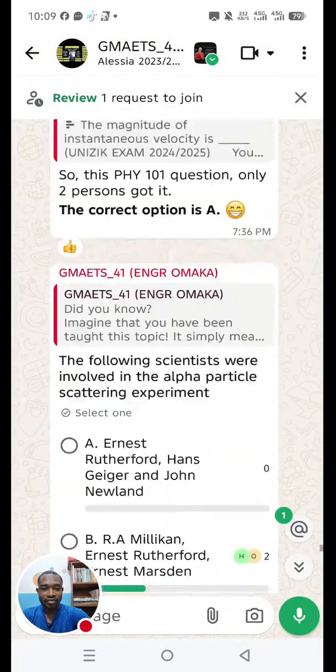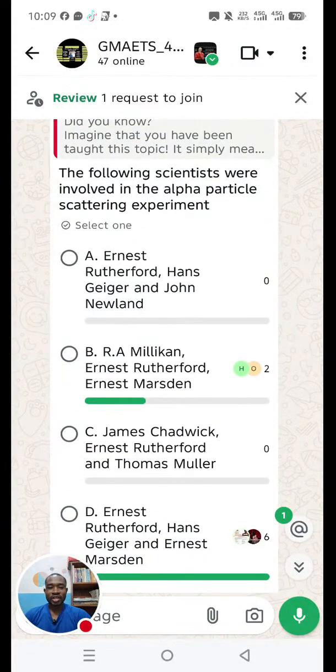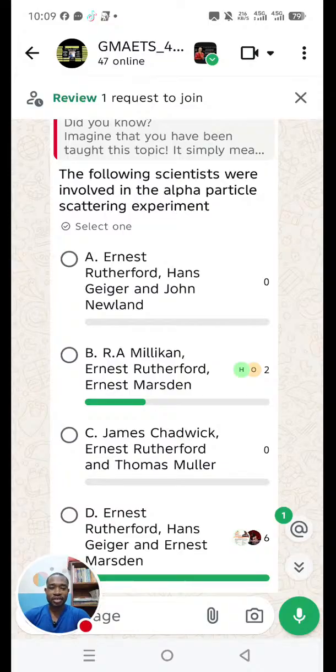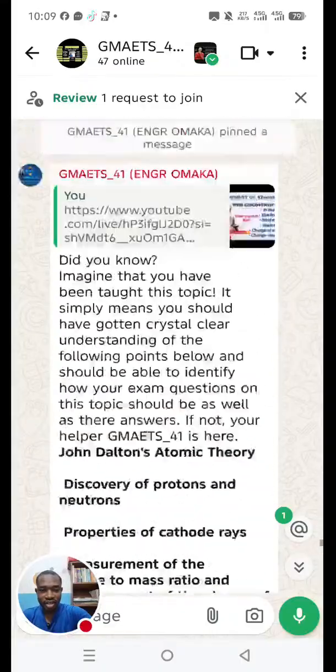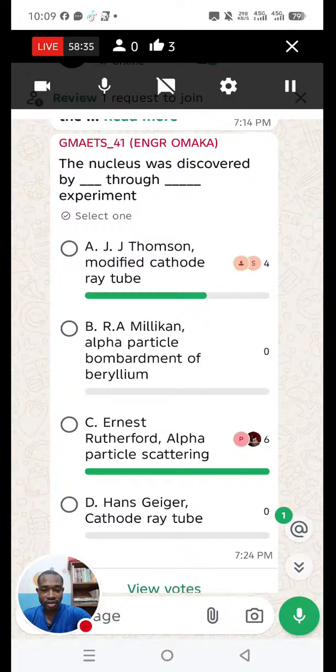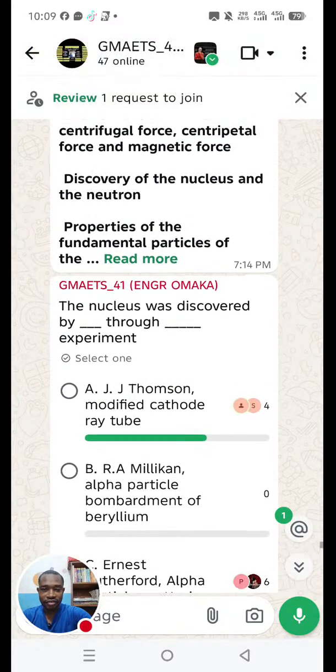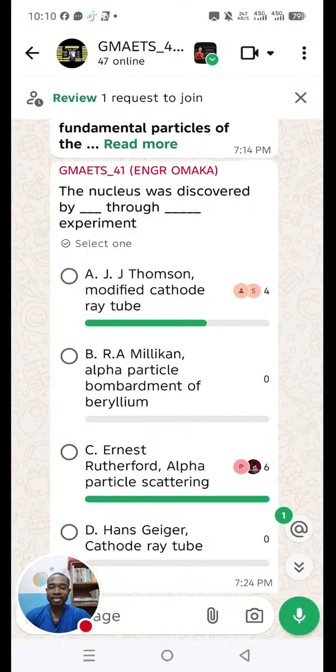All right, so we have the following questions here. The first question is: the nucleus was discovered by dash through dash experiment.